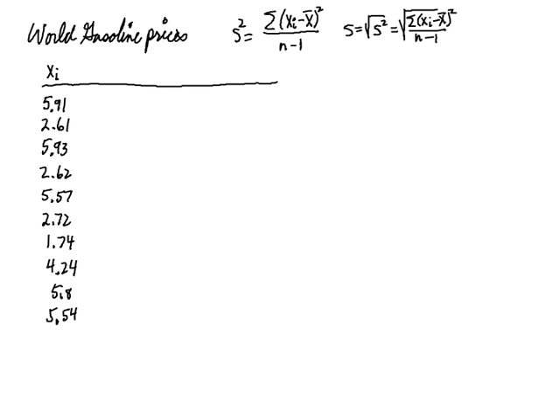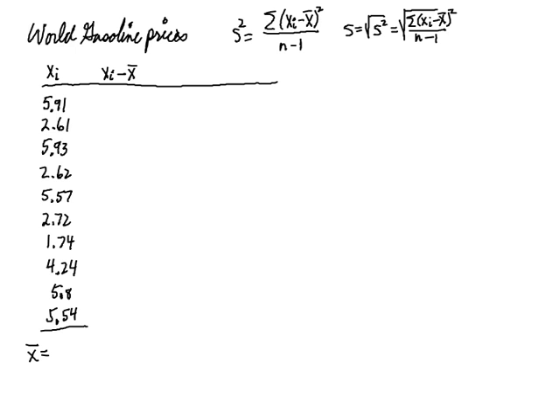Now, first calculation I'm going to make, thinking of the order of operations, working within the innermost grouping symbols first, I need to take each of these data values and subtract the average. Since this is from a sample, I use the symbol X bar for the average. To get the average, I'm just going to add up all of the values in the first column and divide by 10.